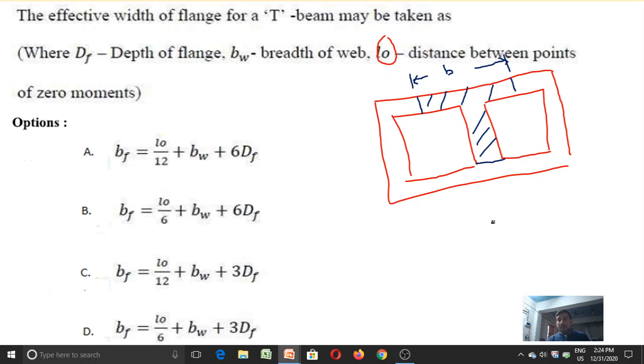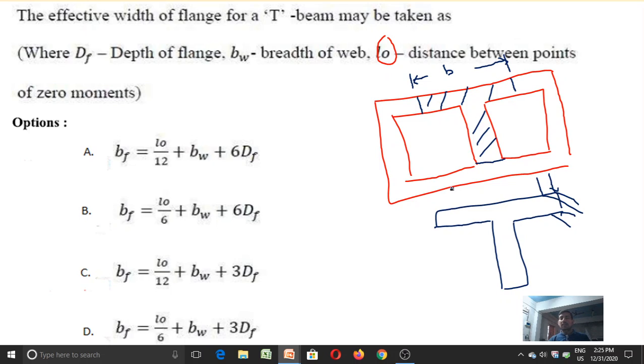I will draw the T beam separately here. Right? This is a T beam. Over this T beam, if you apply a load over here, definitely it will bend like this. If you apply a load here also, it will bend like this.